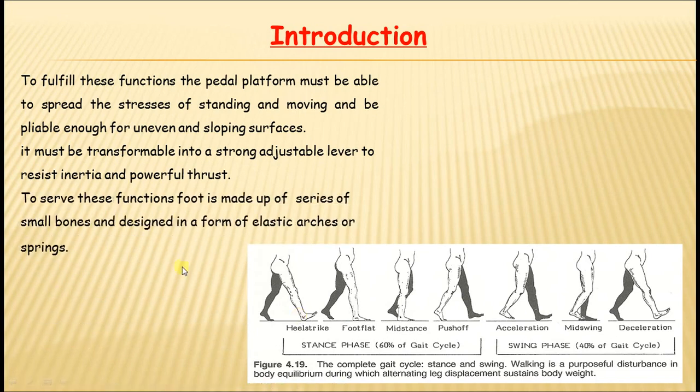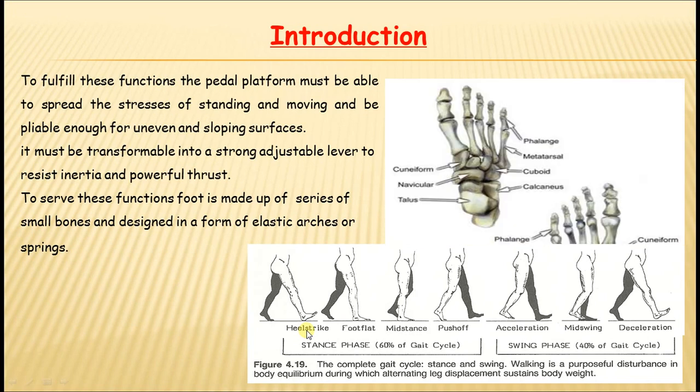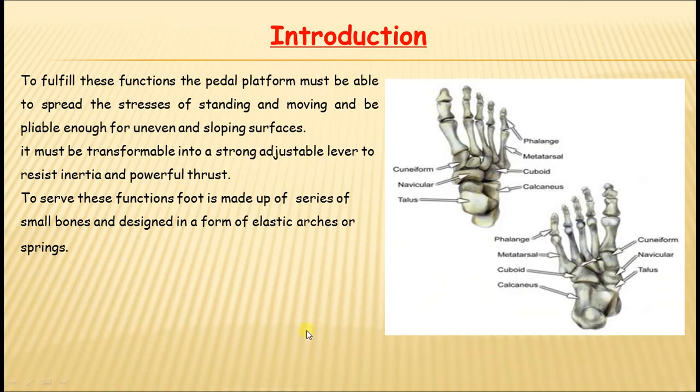For this, it is made up of a series of small bones and designed in the form of arches or springs. That means it is a single lever, but the lever is multi-segmented. Now you are able to see the foot, instead of being one big single piece of bone.